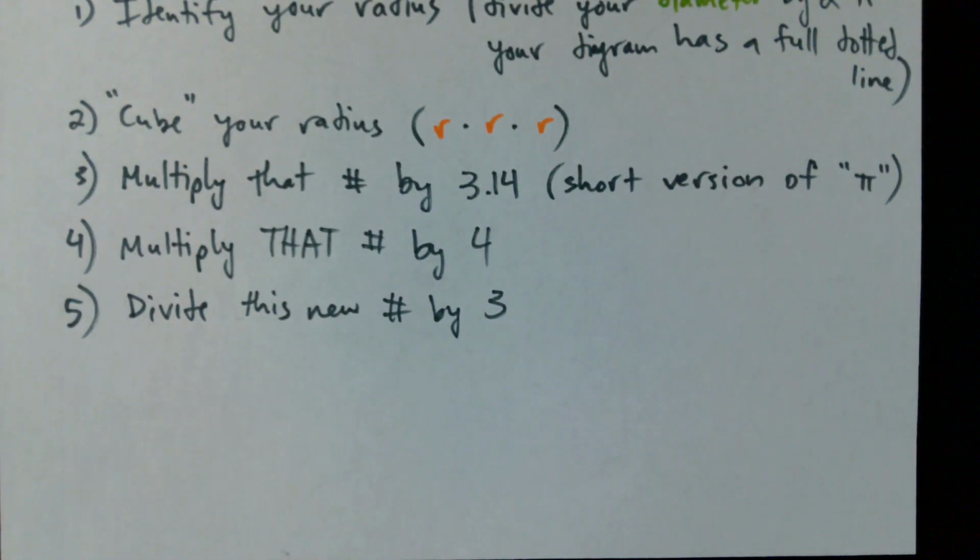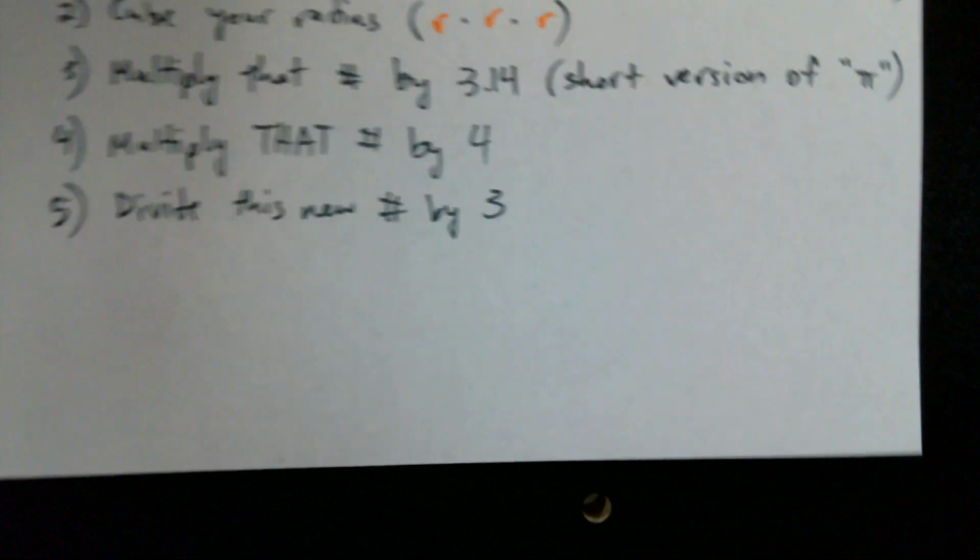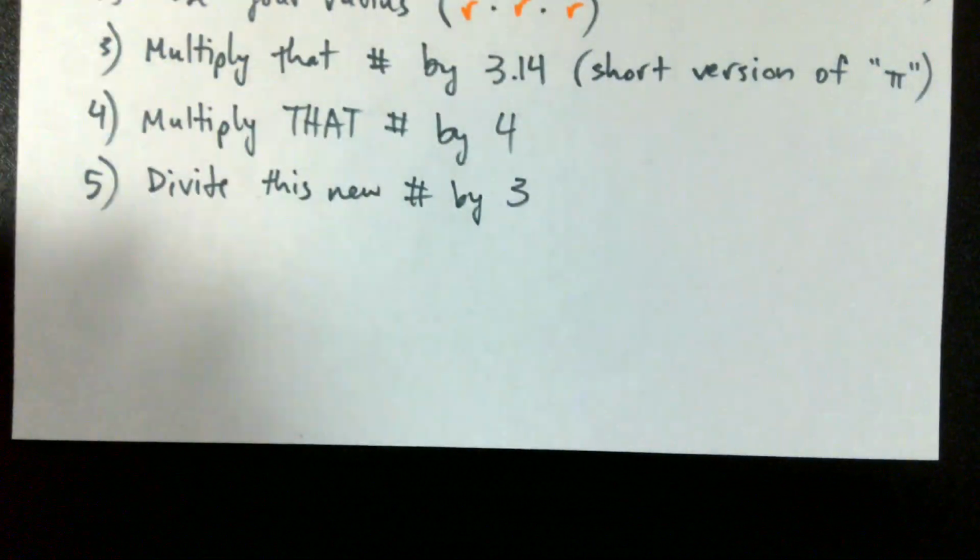I'm going to leave these steps up here for like 30 seconds so we can copy the last one down before we get to an example. All right. I'll leave those last 2 there just in case you're still writing. Last 3.